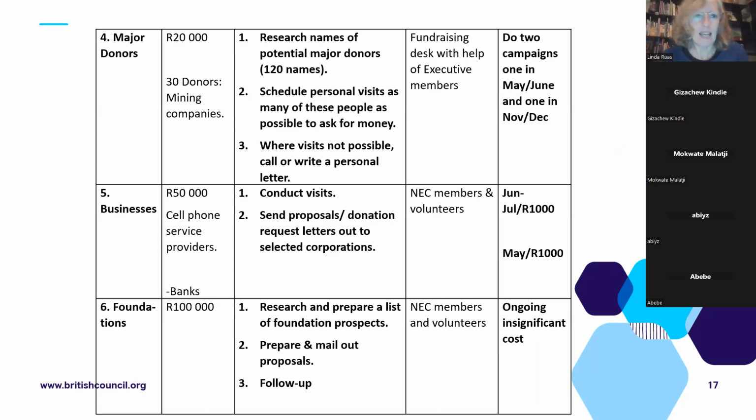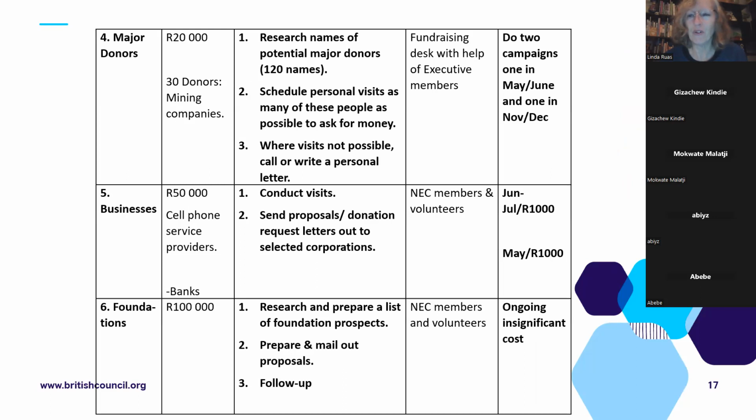On the second slide here, we've got the major donors. This is interesting because in South Africa, apparently the mining companies like donating money to associations. I'm not sure if you want mining money.